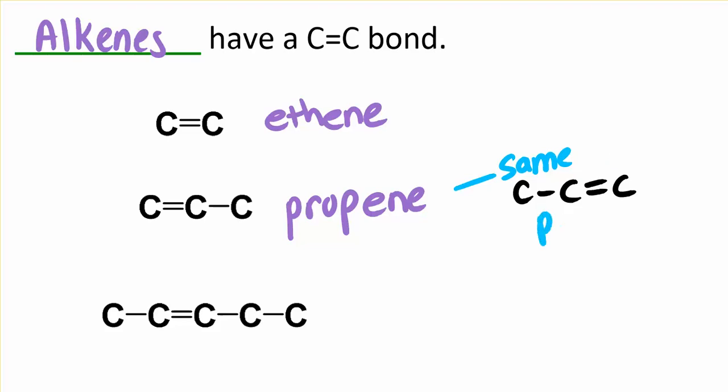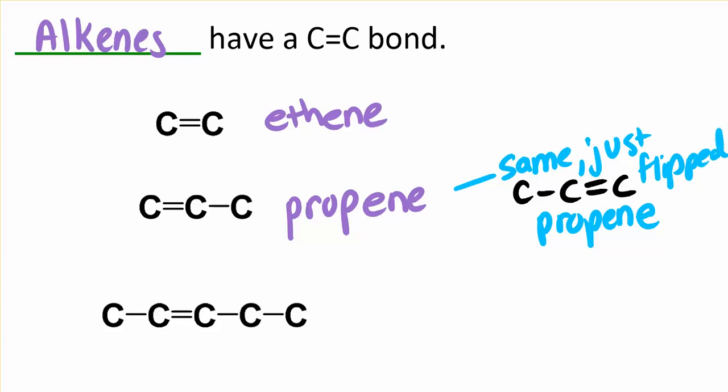This is propene again. It's just flipped horizontally, so the double bond appears to be on the other end. We call those conformers. Remember, conformers. Same compound, just drawn a different way.